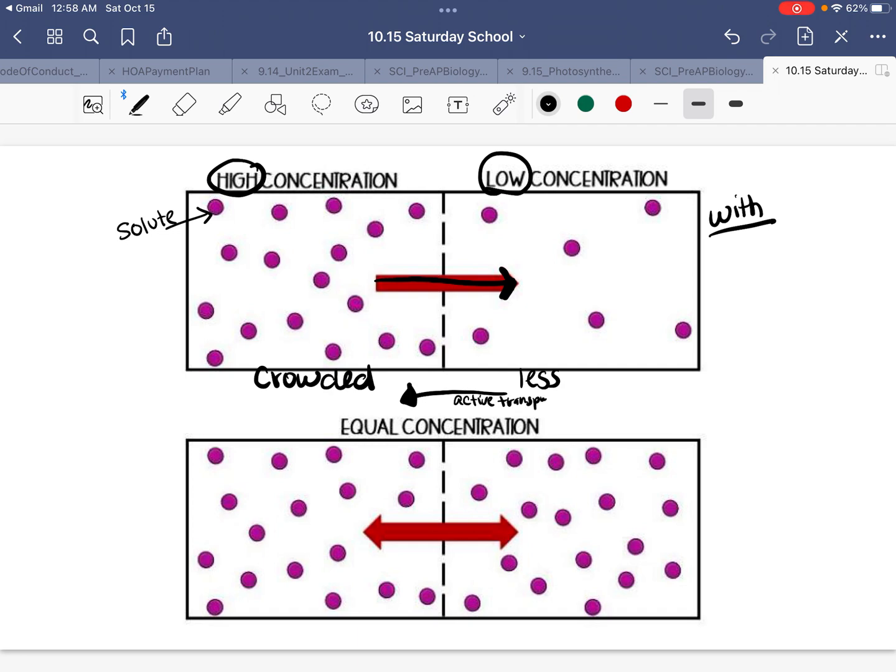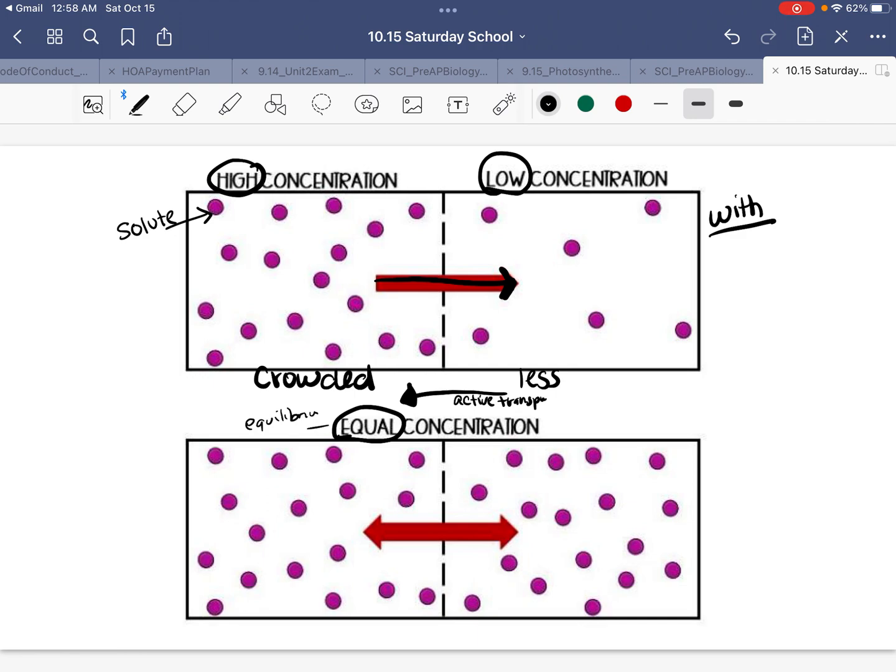If you go from high to low, which is what you normally see, that's passive. Again, equal, that word comes back. We always want to be in equilibrium. Eventually that's where you want to get, where both sides are in equal concentration, or equilibrium, or also homeostasis.